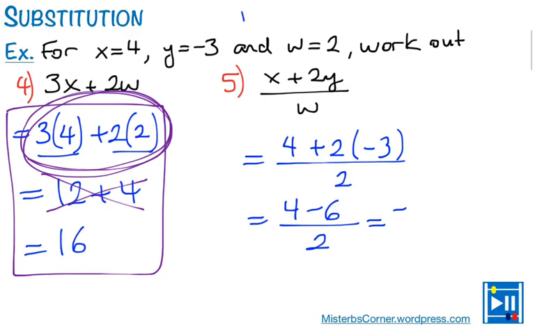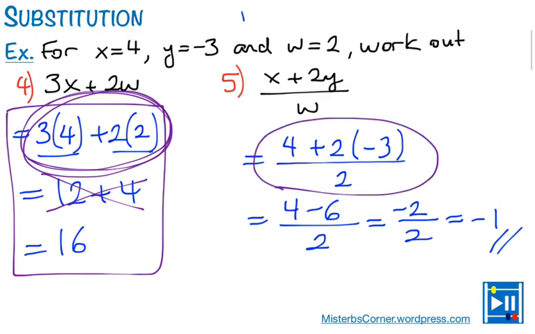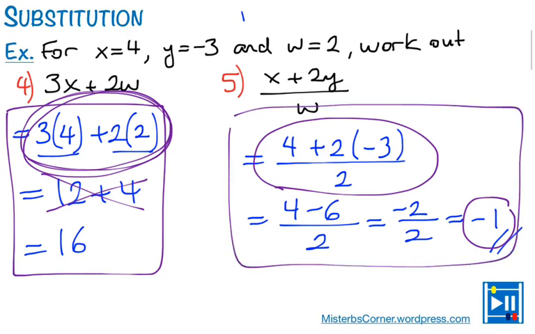And then you'll have minus 2 over 2, which will be -1, right? So this is the answer. But again, if you just want to use your calculator and find the answer, then you can just write the substitution step and then the answer. But still, my suggestion is to show all the work as shown in here, right?